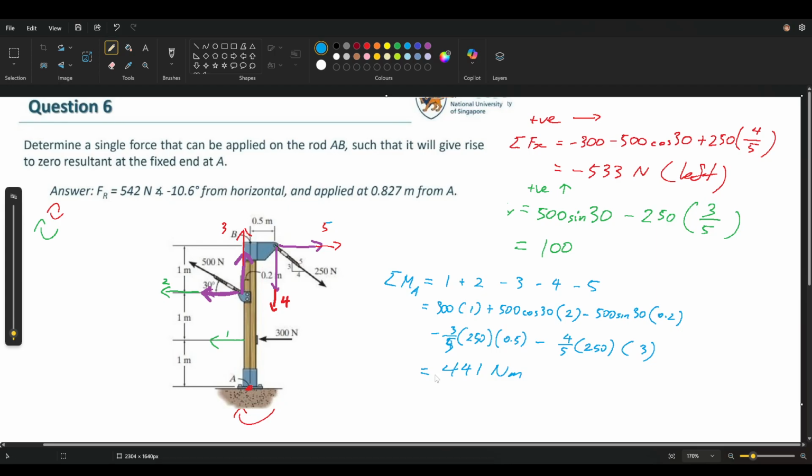Okay? So let's first find the resultant. And remember what we need to find? We need to find the magnitude of the resultant as well as the direction that the resultant force is pointing at. What do I mean by that?